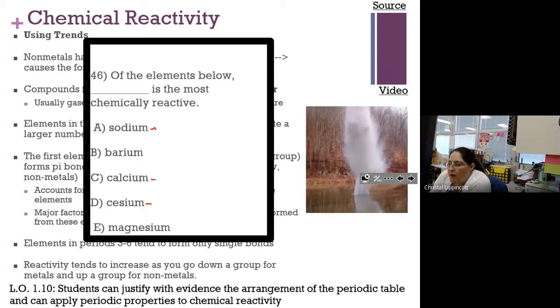They also have a lower effective nuclear charge holding that electron in place compared to the column 2 atoms.